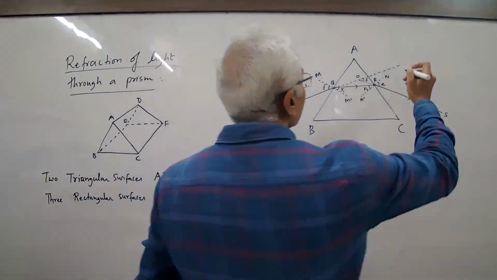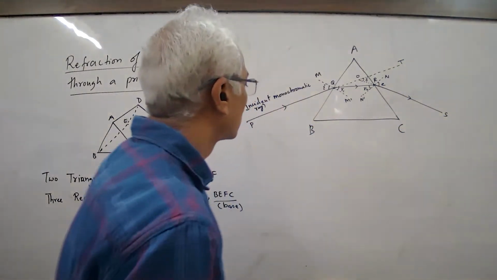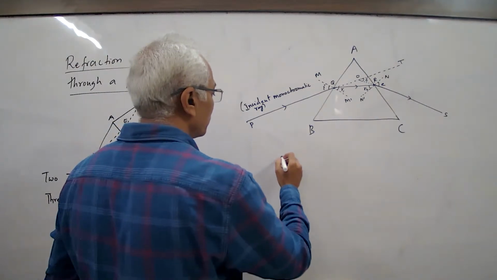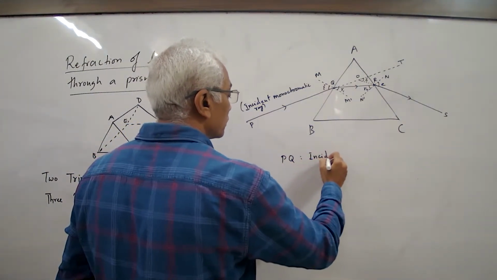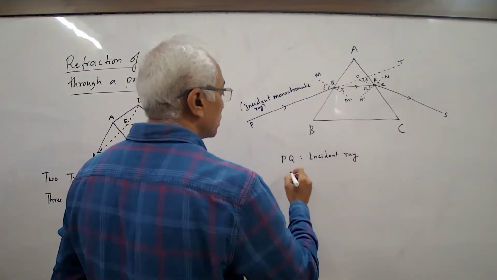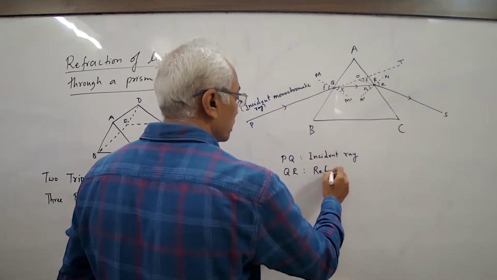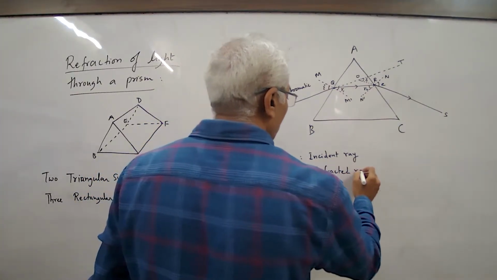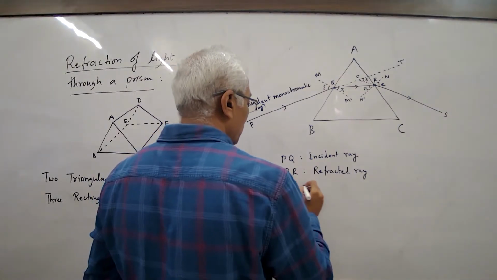This is O and this is T. So quickly write down what do we have? PQ is the incident ray. QR is the refracted ray. RS is also a refracted ray, but it is emergent.